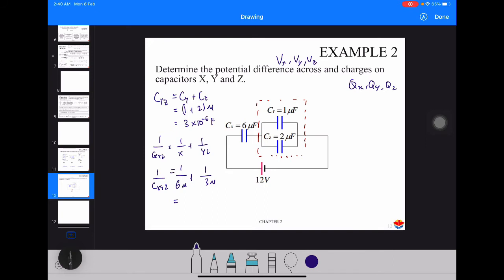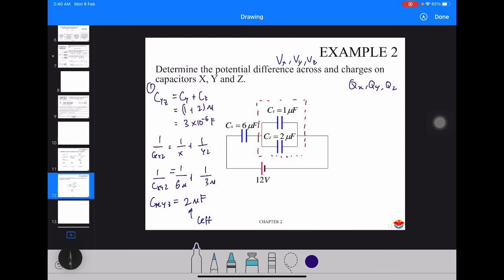I invert that one, then it becomes 2. So basically this is your C effective. So I just recheck my calculation. 1 over 6 plus 1 over 3 becomes 3 over 6, so 6 over 3 is okay. I think that one's correct. Okay, this is the first thing that you need to do.